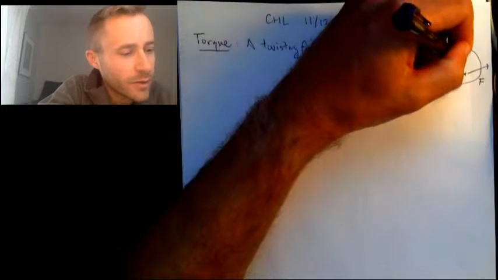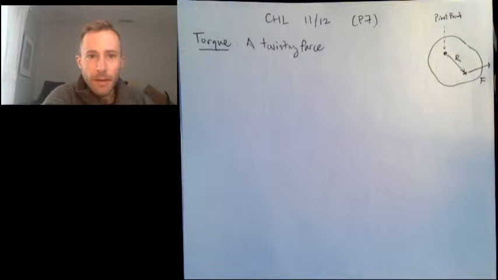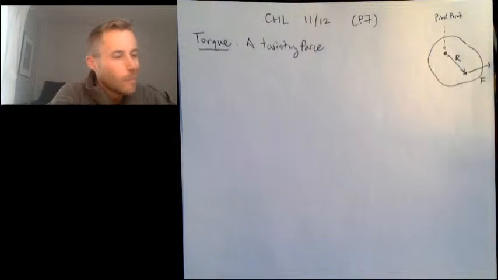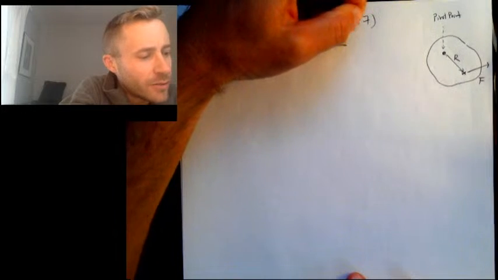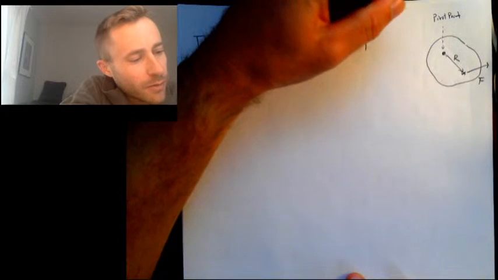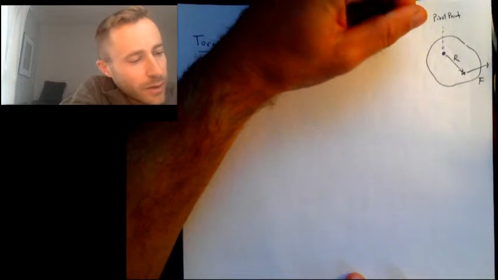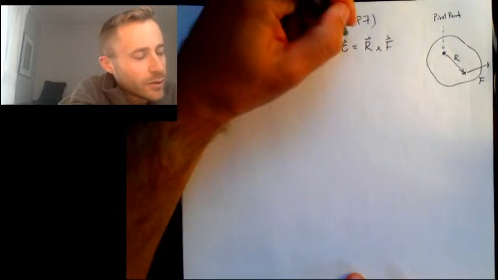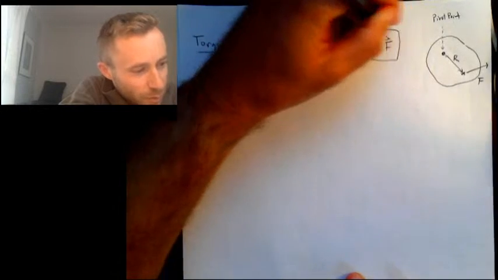I will call that vector R. The definition of torque, denoted by the Greek letter tau, is the cross product of R and F. So this is the real definition of torque.